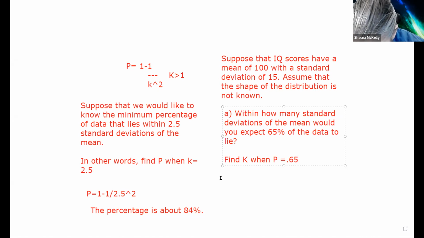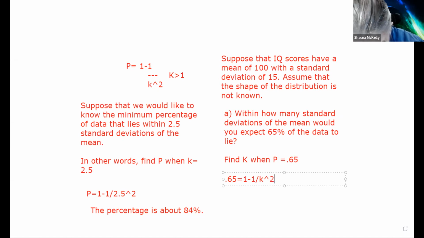So in this case, you would do 0.65 is equal to 1 minus 1 over K squared. And you can do this with a calculator. You can use the capacity of the calculator to do this, but it's not too hard to do this manually either.